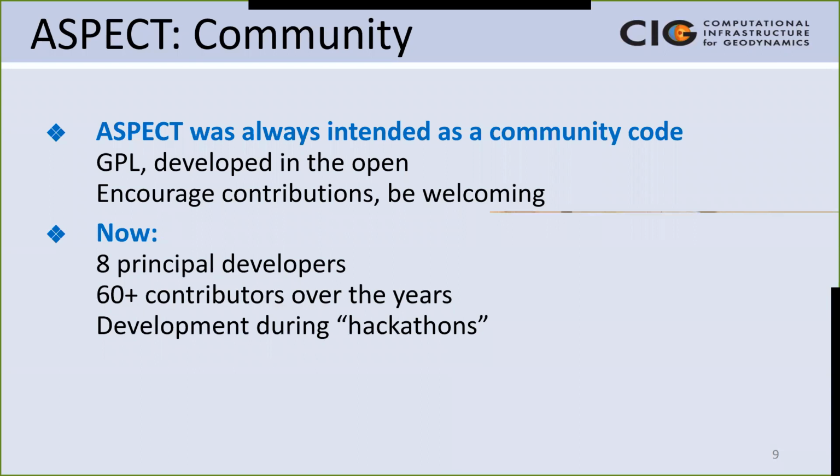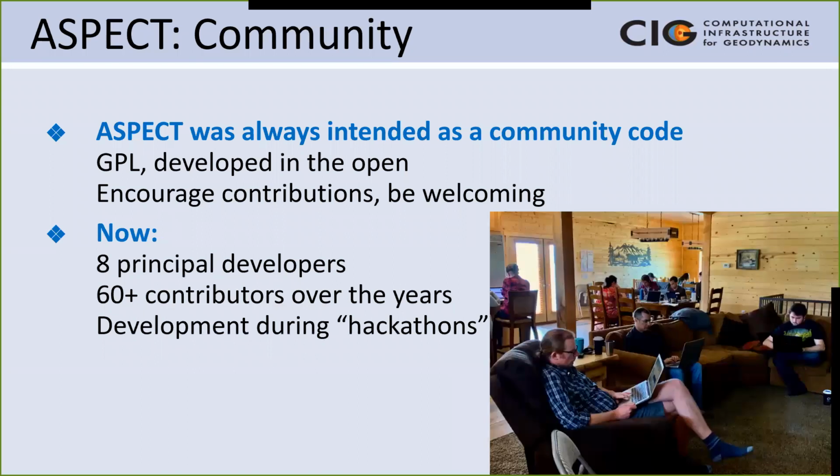But today, the code really is a community code. It is developed in communities. There are 8 principal developers. Over the years, more than 60 people have contributed to the code. A very substantial part of the development happens during what we call hackathons. These are meetings where, at least in the past, when we could do this, we would lock up 25 or so people in a house somewhere in the middle of nowhere.